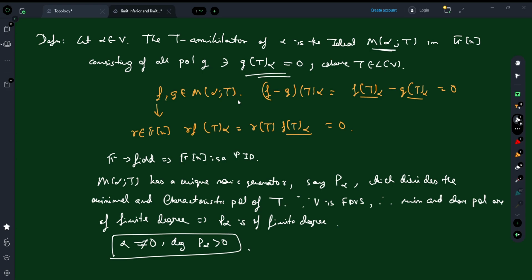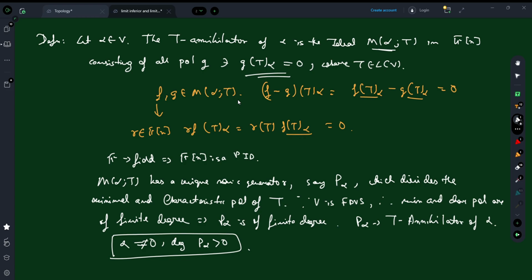Having defined the T-annihilator, p_alpha is basically called the T-annihilator of alpha. We had studied these sorts of statements while defining the T-conductor, where the whole ideal is specifically called a T-conductor, or in this case a T-annihilator.